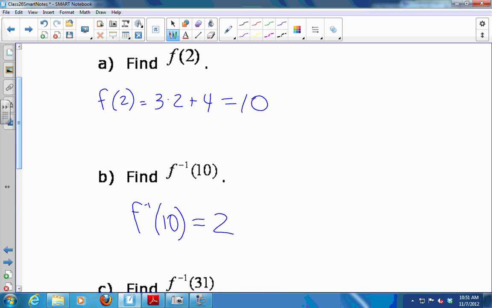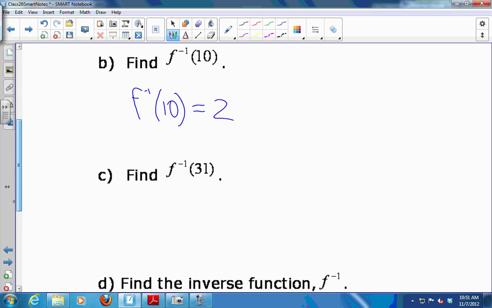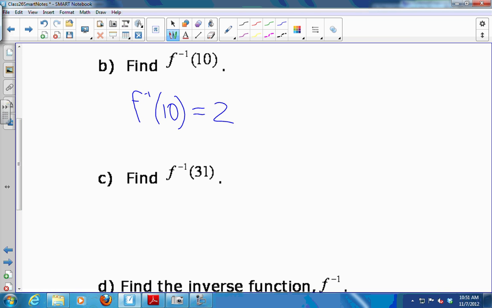But let's say I want to find f inverse of 31. How do I figure it out? Well, 31 is an input into f inverse, which means it was an output for f. And we want to figure out what input created it.